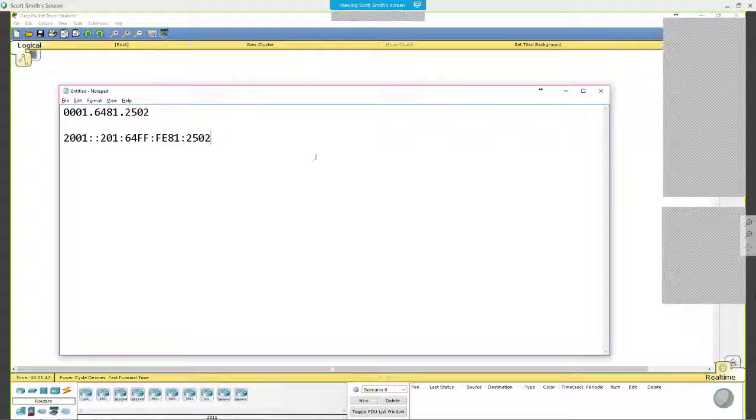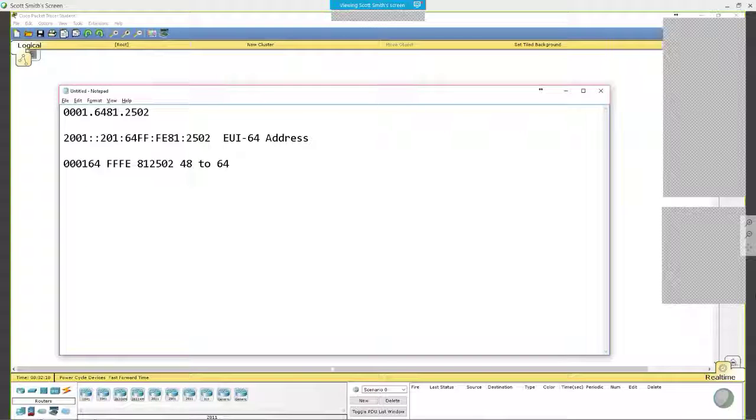This is the EUI64 address. Well, how did I do it? 0001.6481.2502, right? Split that in the middle, put in the FFFE. That takes me from 48 bits to 64 bits. You guys agree?